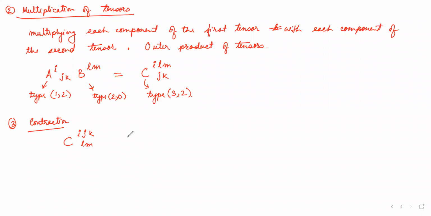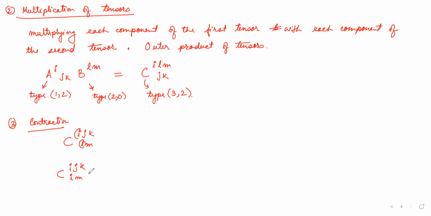Now, if I set two indices equal, say I set i equal to l, then C^i_jkim: I am contracting l with i.